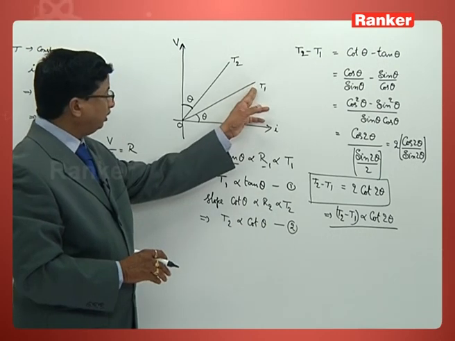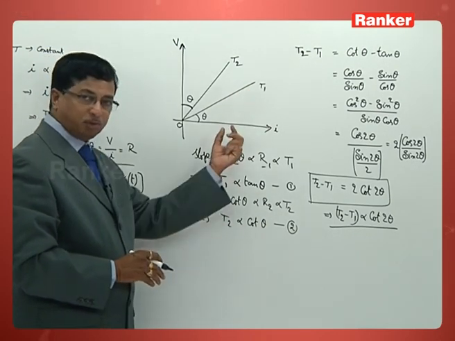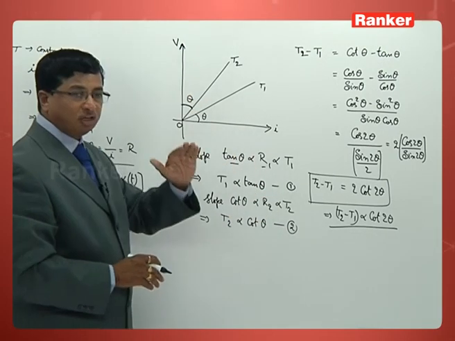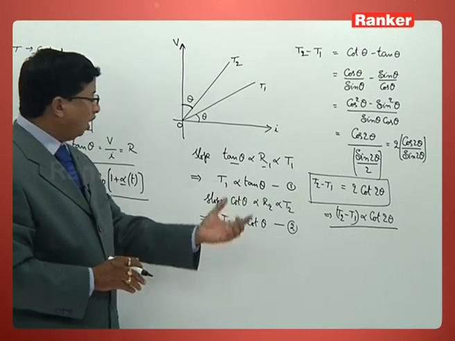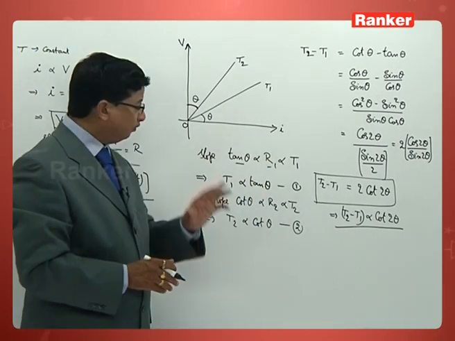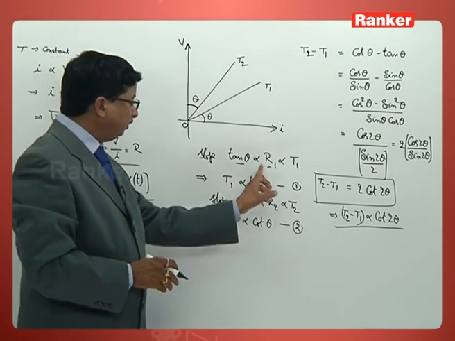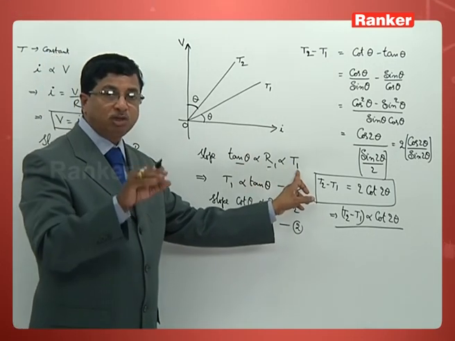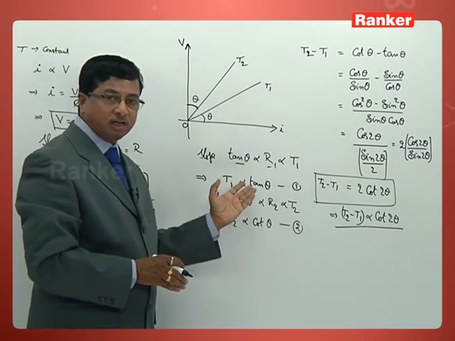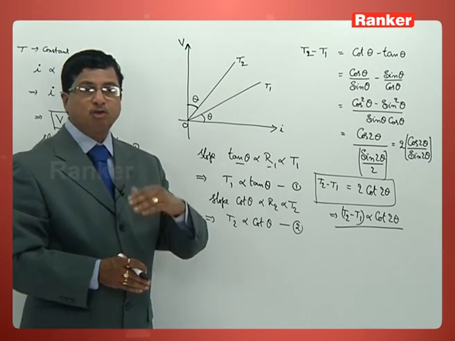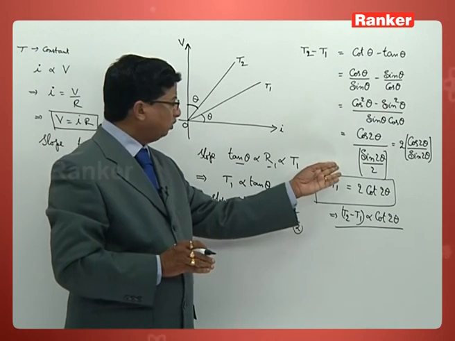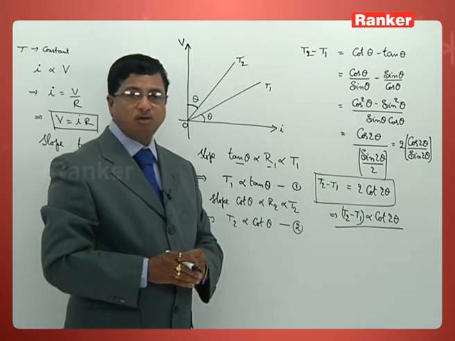So in the case of T1, slope is proportional to tan theta. Here it is equivalent to cot theta. So slope is proportional to resistance also. Therefore, resistance in turn is proportional to temperature. Therefore, T1 is proportional to tan theta and T2 is proportional to cot theta. Simplify T2 minus T1 and you will get cot 2 theta.